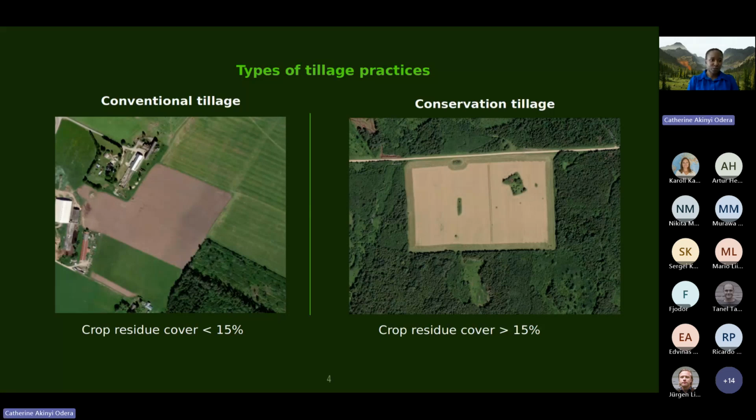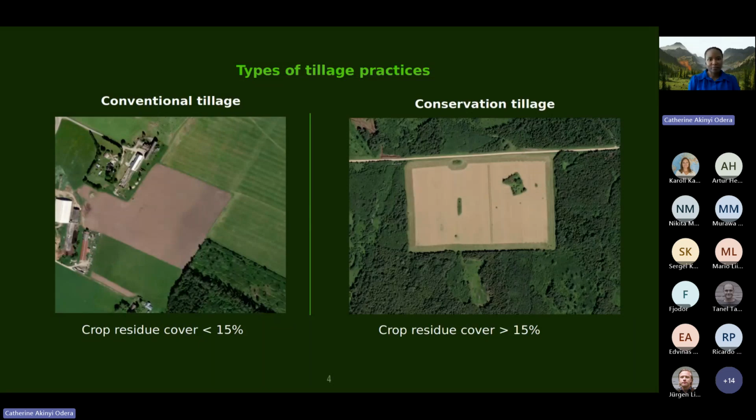So conventional tillage is categorized as any type of tillage that leaves behind crop residue cover of less than 15% on the soil. And conservation tillage is any type of tillage that leaves behind crop residue cover that is greater than 15%.